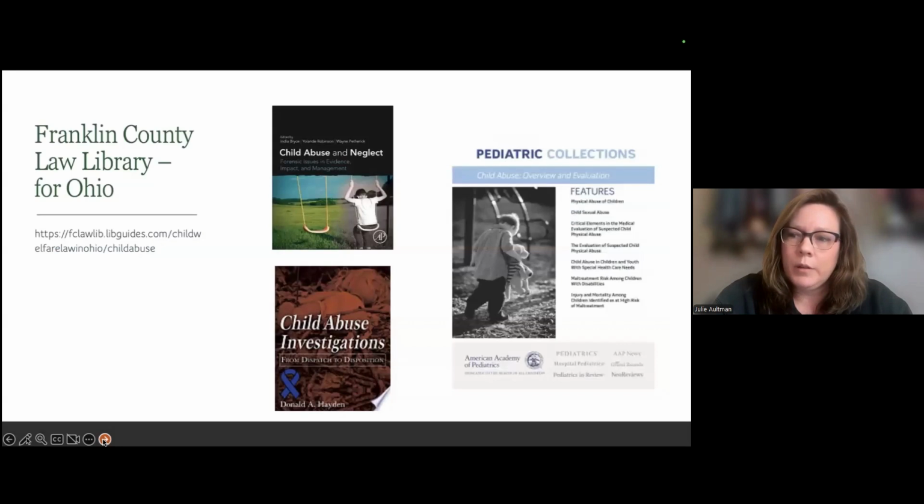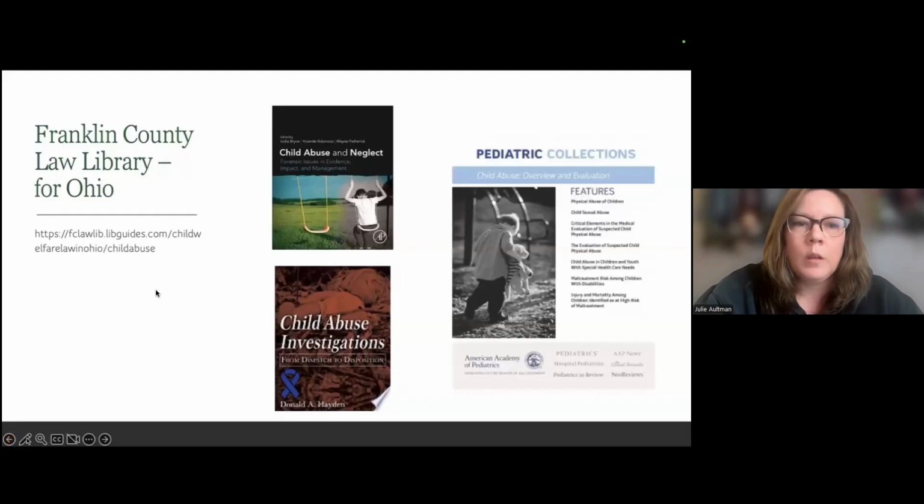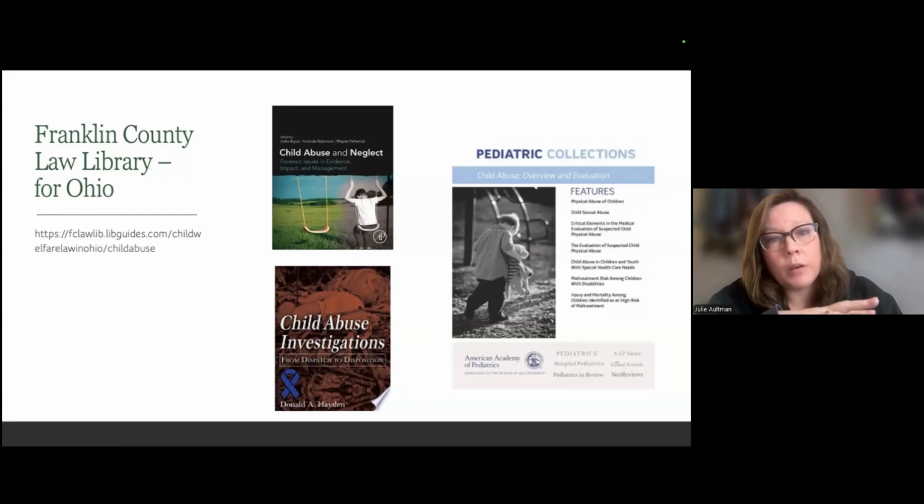The other thing before we open it up, I found this Franklin County Law Library guide on child abuse to be really, really helpful. I put the internet address in there for you guys. They have done a really good job of bringing in collections of books, of papers, of Ohio laws and national laws.